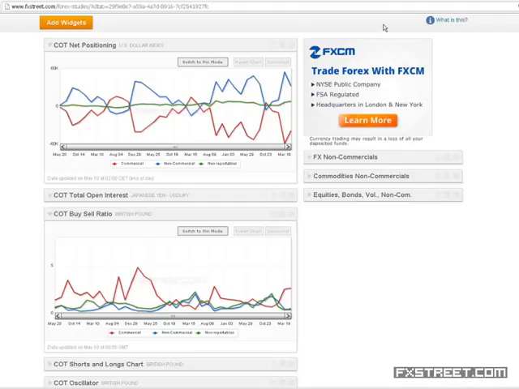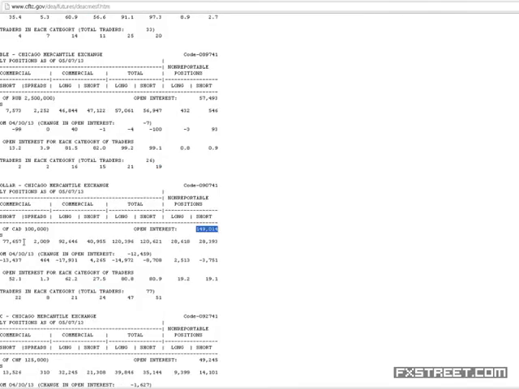So basically, if I go here to the raw data, we are taking the difference between the long and short. For example, for non-commercial, we take the difference between long and short, and besides calculating the net positioning, we calculate in the form of a ratio what is the difference between one group and the other.